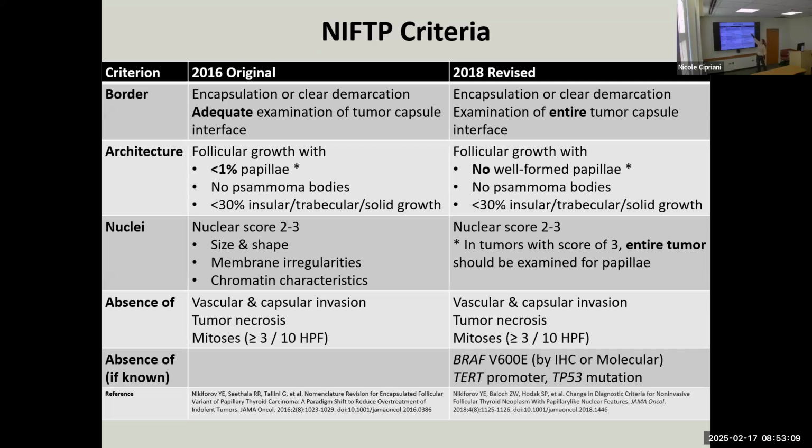No psammoma bodies, no high-risk features like necrosis or mitosis, certainly no invasion. And so the subtlety between are you going to diagnose something as a follicular adenoma or as a NIFTP, the subtlety lies in how you as a pathologist perceive the severity of the nuclei.